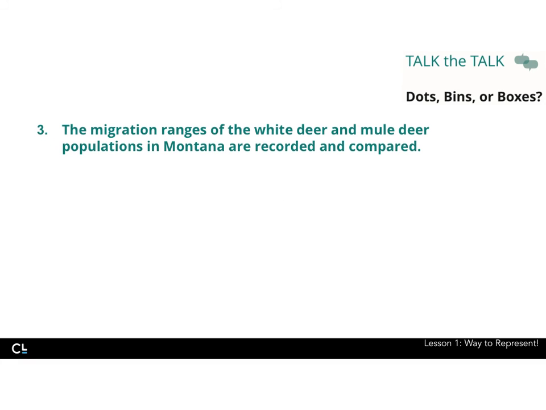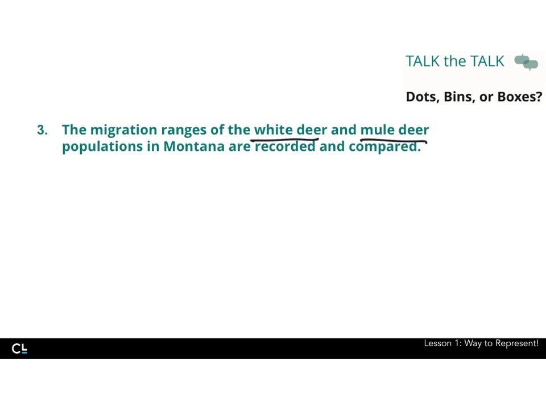3. The migration ranges of the white deer and mule deer populations in Montana are recorded and compared. We did this kind of, but I split it into two people. Which one is best to show two different things, like two different areas, two different breeds?